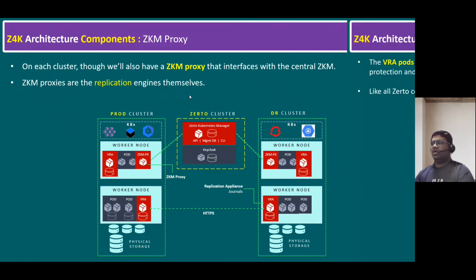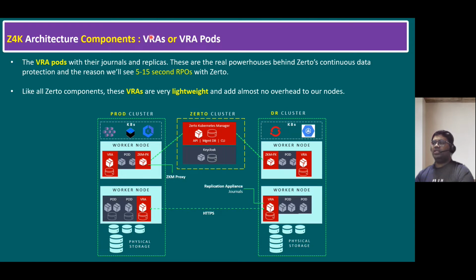Okay, now another component, VRAs, or we call them VRA pods. The VRA pods with their journals and replicas are the real powerhouses behind Zerto's continuous data protection, and the reason we see 5 to 15 second RPOs with Zerto.